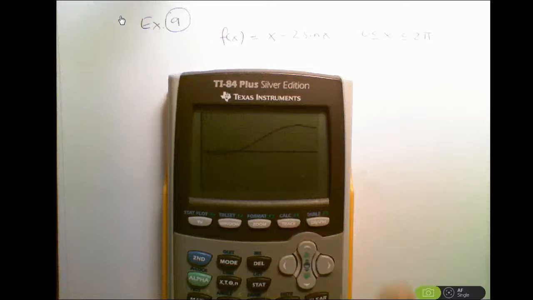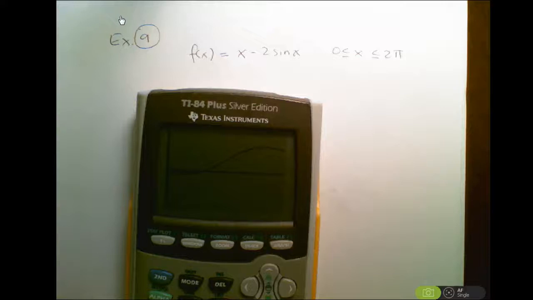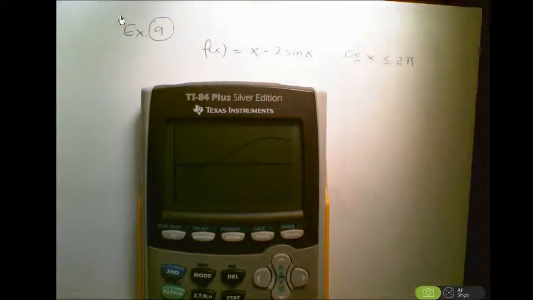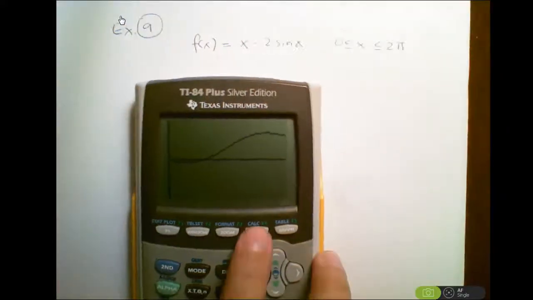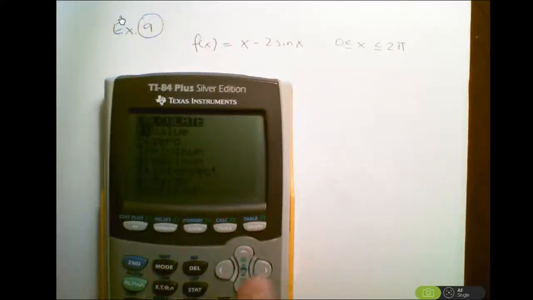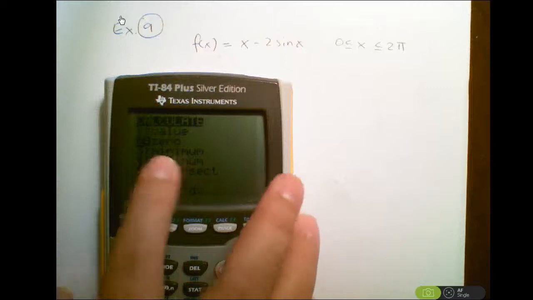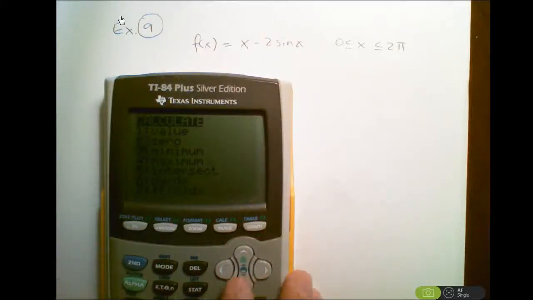So now I'm looking at the right window, I'm looking at the correct graph, and I'm going to estimate using this calculator how to do this using the commands under calc. So I'm going to go to calc, and then we have used the zeros before, and we're going to use either maximum or minimum depending on what it is that you want to find. So let's start with maximum, and I scroll down.